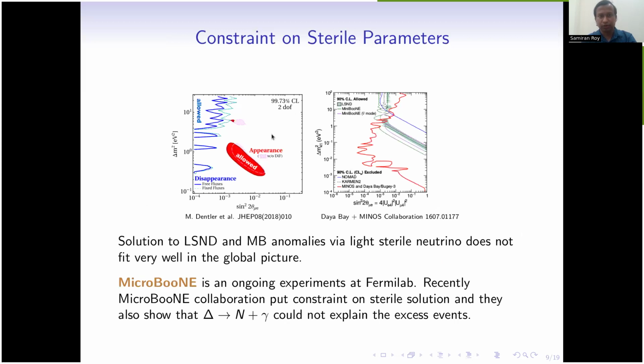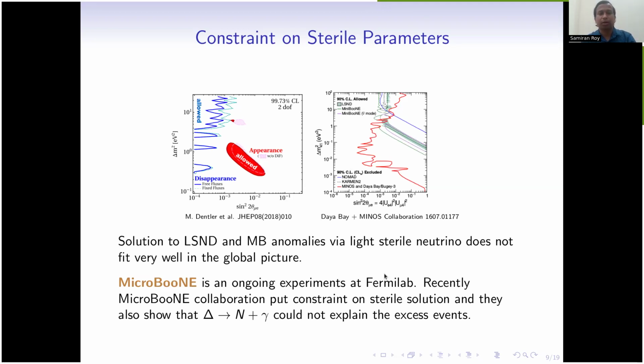So here is the constraint on the sterile parameter space. These are the regions allowed by the LSND experiment, and we can see also here the LSND and MiniBooNE preferred parameter space. And almost all of these regions are ruled out by the disappearance experiments like MINOS, Daya Bay, Bugey-3. Also, MicroBooNE is an ongoing experiment.